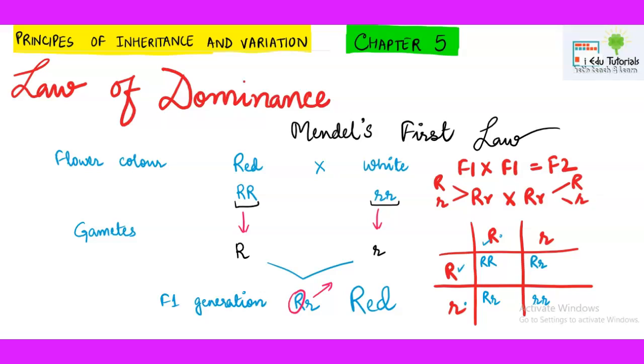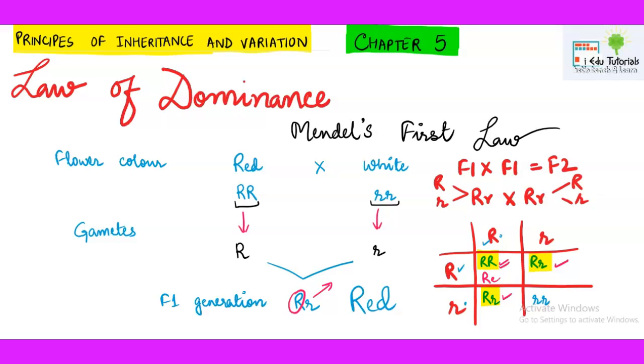Now see here, what is the expression? All these three individuals at least have one dominant allele. In the heterozygous condition, one dominant allele is there. This is our homozygous dominant individual.